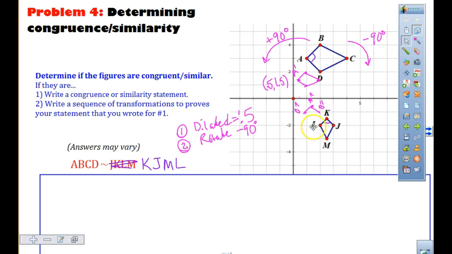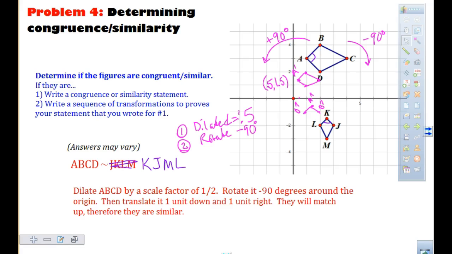So this one, it's really important that as you're saying what you're going to do, you write it down. And I do agree that you could have done the negative 90 first. Some of you suggested that. But anytime you have the dilation, if you do that first, it makes it a lot easier, especially when some of these come out at weird points, like this 0.5 and 1.5 and over to 3.5 and down to 1.5.